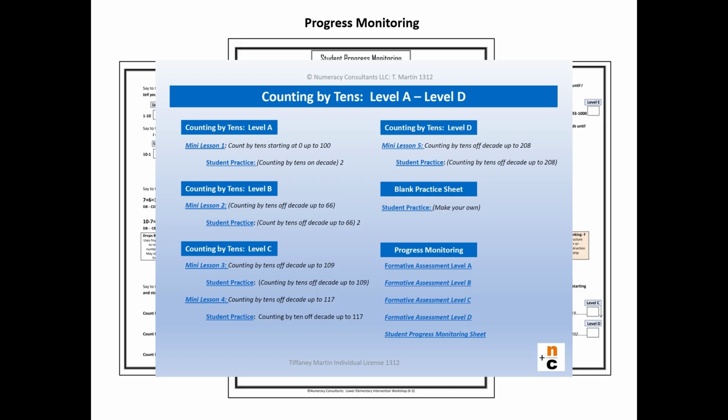Also, if you look into the eLibrary 2.0, which is where your introduction lessons are, you have your mini lesson and your student practice. This is how it's structured, and you will have this in the folders in your free resources as well. But if you take a look right here, there is a progress monitoring section too. So not only do you have access to version 1 and version 2 of the assessment, you also have, within that eLibrary system, formative assessment for progress monitoring as well.